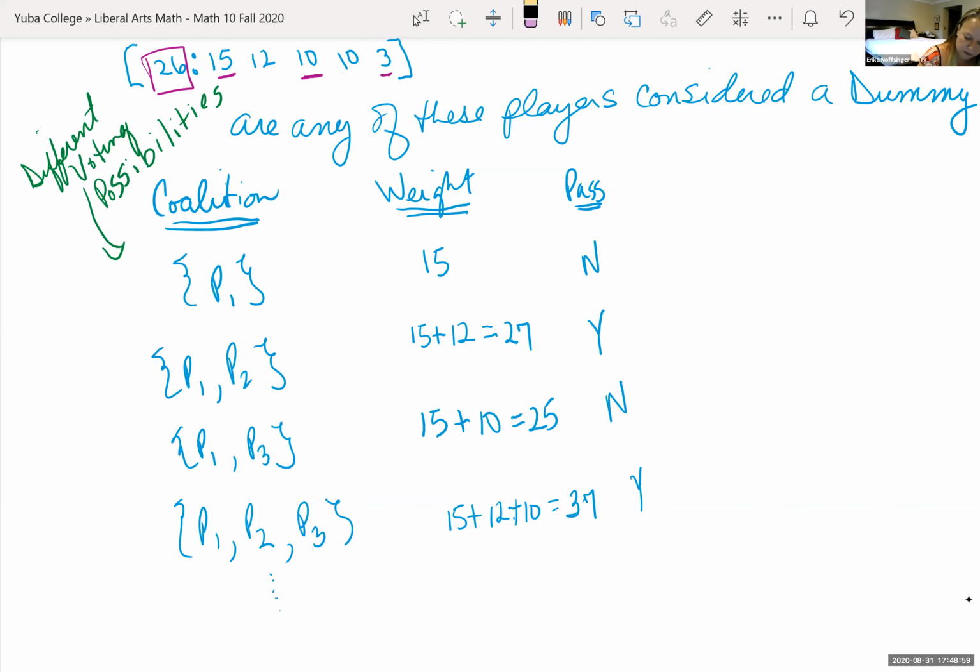So for example, if you look at player 1 and player 3, the motion won't pass.